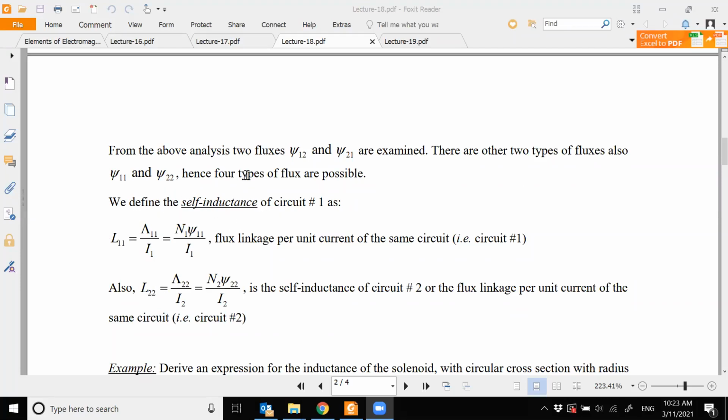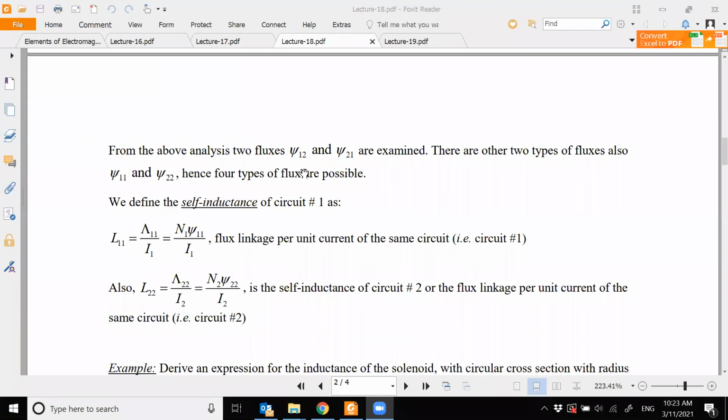So overall, we have 4 fluxes: psi12, psi21, psi11, and psi22. This psi12, psi21, they are affecting each other. That is, one loop is affecting the second loop, or the second loop is affecting the first loop.